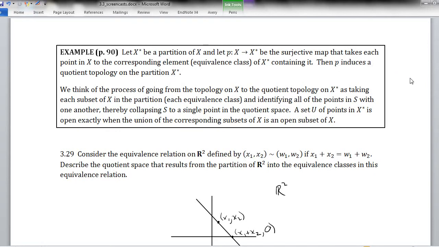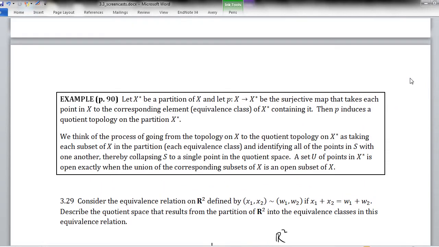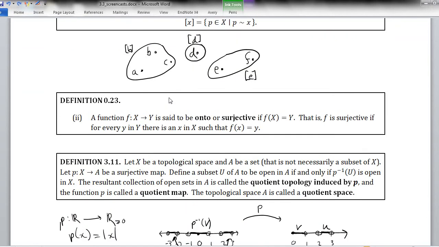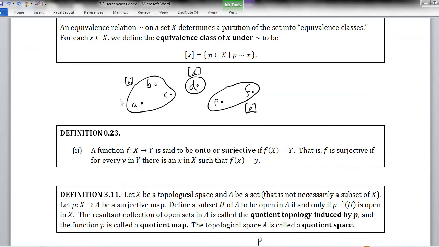So if you look with me back at this partition that I drew up here, the set X, again, consists of the 6 elements A, B, C, D, E, F. And X star consists of just 3 elements, these 3 subsets of the original set X. And we're going to map, for example, A to bracket A, to the equivalence class of A. We're going to map it to this set. We're going to map B to that same set, and C to that same set.